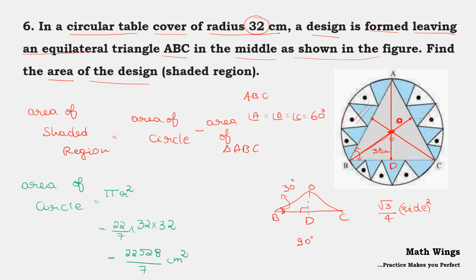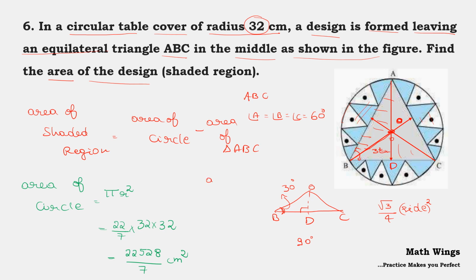So, how can we find the area of the triangle? We have three equal triangles here, that is AOB, now BOC as well as AOC.